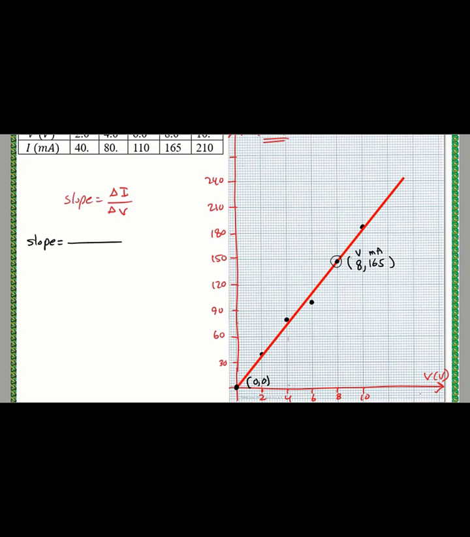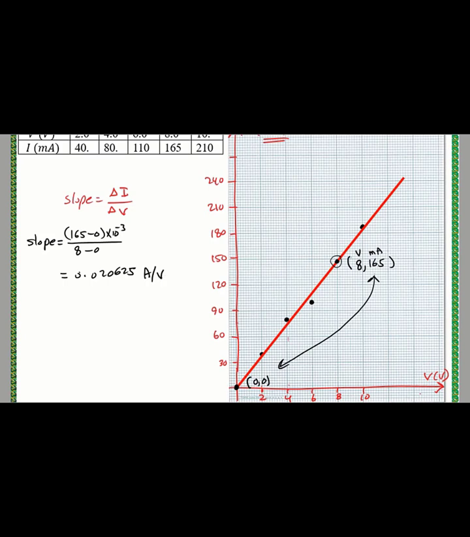So the slope is (165 minus 0) times 10 to the minus 3, because it is milliampere, over 8 minus 0. I took these 2 points. So the answer is 0.020625 ampere per volt.